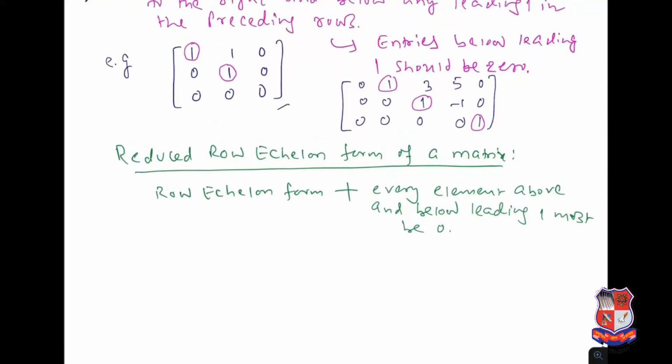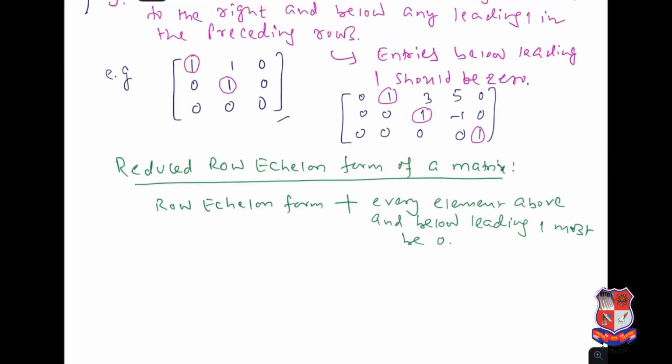Then it is called the reduced row echelon form.